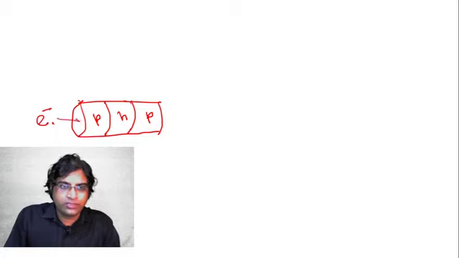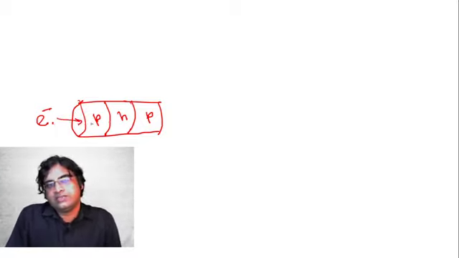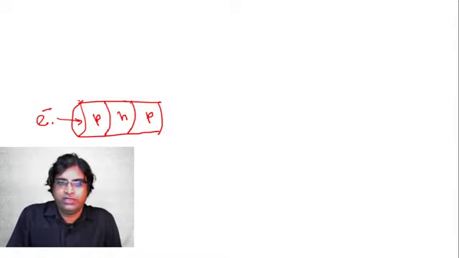Okay, suppose I want to pass one electron through this pipe. Very good. So this is the p-type material. Here the majority carrier is the hole, here the majority carrier is the electron, here the majority carrier is the hole.